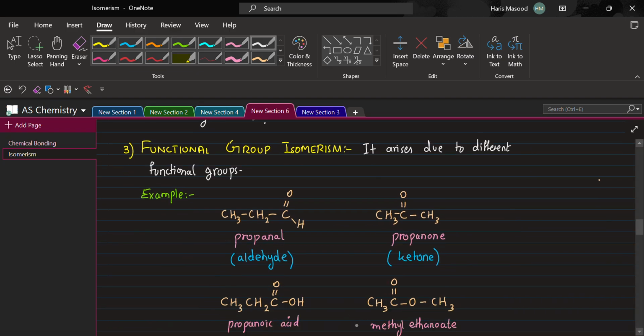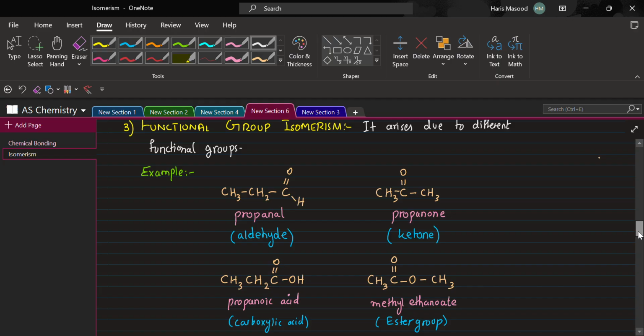Moving on to the third isomerism, that is functional group isomerism. Now you are not shifting the place of the functional group, you are actually changing the functional group. For example, you have aldehyde and you have ketone. Both are functional group isomers of each other because they have the same molecular formula, but their functional groups are different.